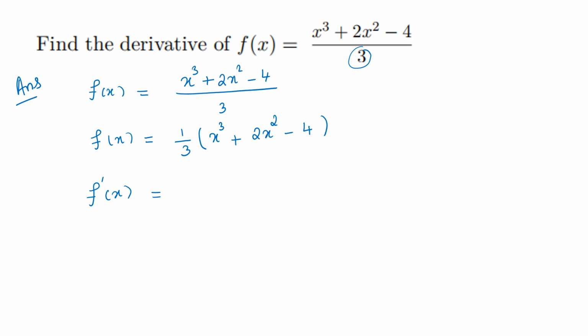Only the function f(x) derivative we can find out. So 1 by 3 multiply this x cube derivative. X cube derivative is 3x square. Then plus 2x square derivative. 2x square derivative is 4x, minus 4 derivative 0.